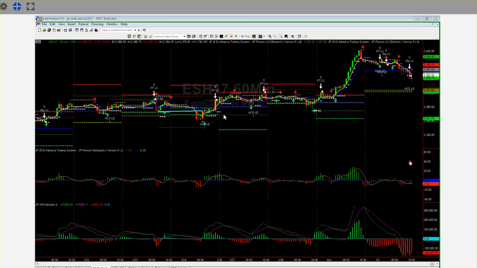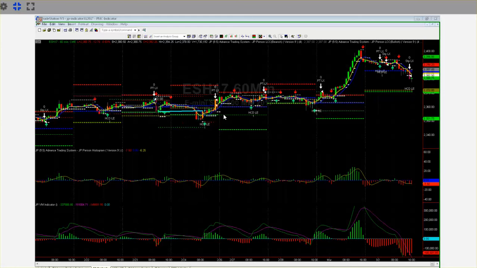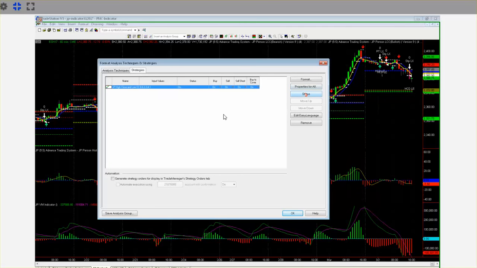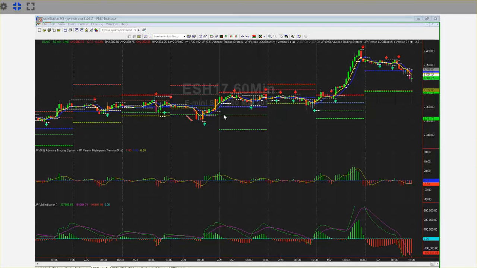The daily pivots, if I go to Format Strategies and I just hit Status and turn that off and hit Close, you will see that with the indicators, as the market gets near the projected pivot support, the green line, and gives that little high close doji, right? How's the volume looking?